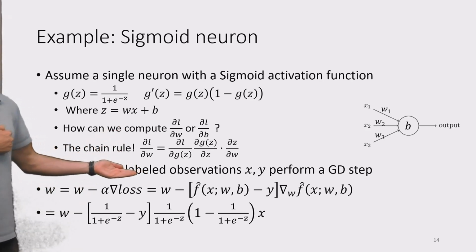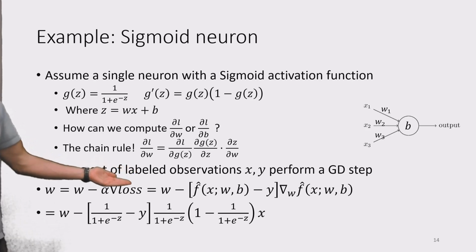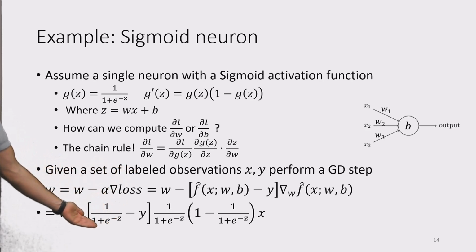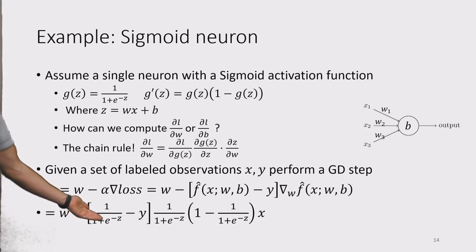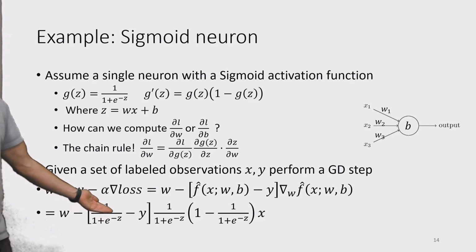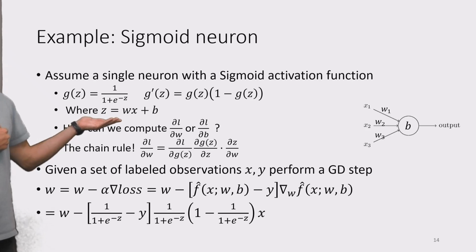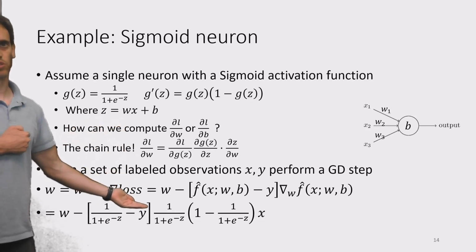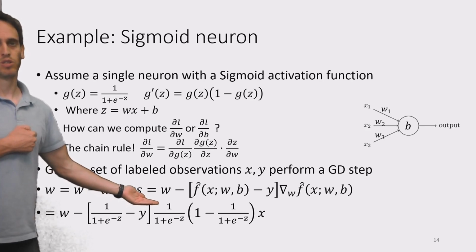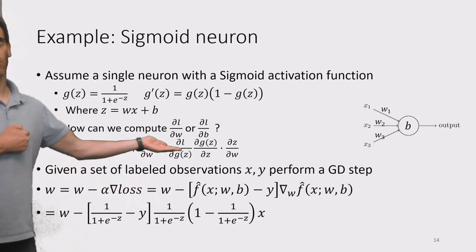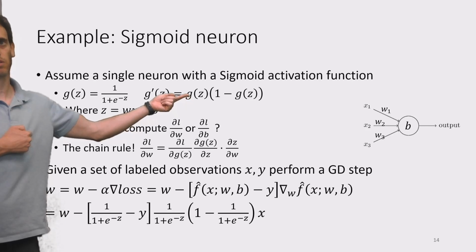So let's write this out. Our approximation value following the sigmoid function is 1 over 1 plus e to the power of minus z, right? Z, as we said before, is our linear function, minus y, which is our label. And now we multiply that by the derivative of the sigmoid function given here.